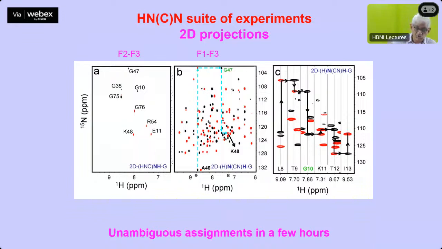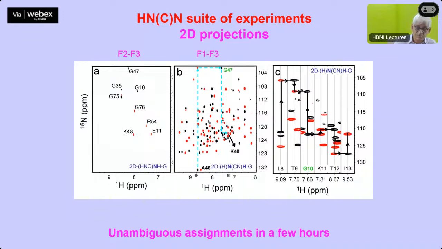If you take the F2, F3 projection, F2, F3 plane, that means you take a projection down the F1 axis. F1 axis is nitrogen. If you take a projection down the F1 axis, then what you get? You get only peaks of the glycines and the next residues. G47, K48, G10, E11. These are HSQC spectra, remember that.